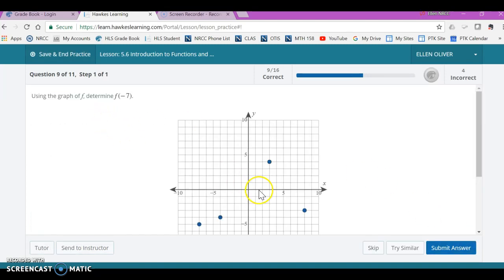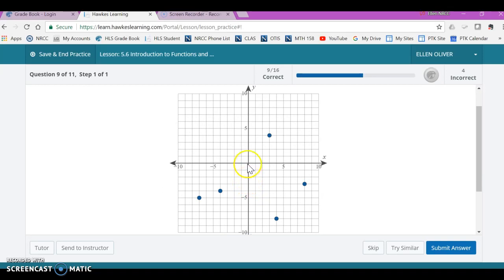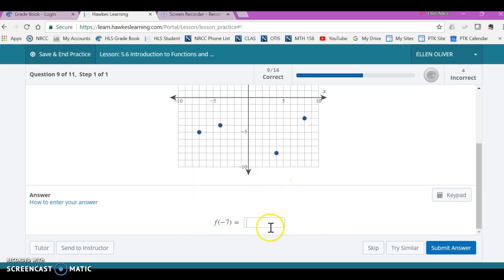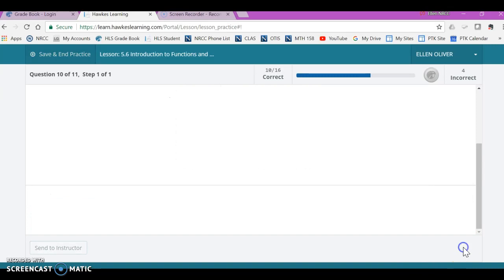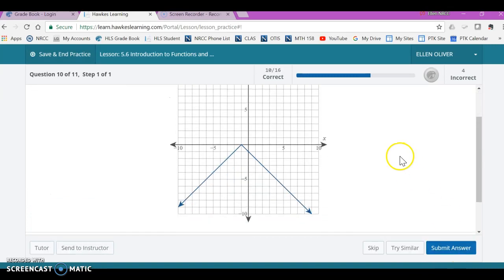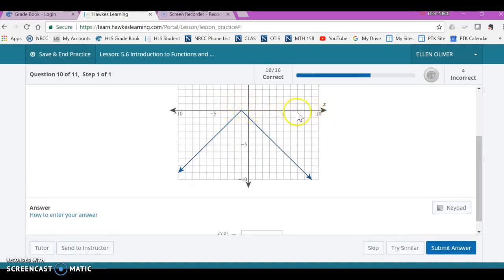f of negative 7. Remember, plug in negative 7 on your x, and then find the y that corresponds to that. It's negative 5. All right, f of 8. So find 8 on the x-axis right here, and then find the y that corresponds to that, and that looks like negative 9.